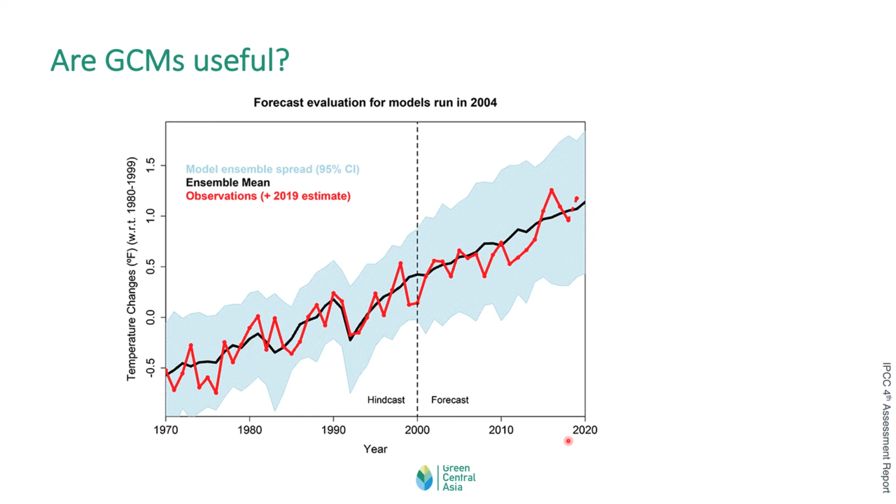But what is interesting is the red line is showing the observation of the temperature changes, and the black line is the ensemble mean. What you can see is that there is a very nice correlation between these two lines, and the ensemble mean was able to predict the trend of the warming, with some exceptions.